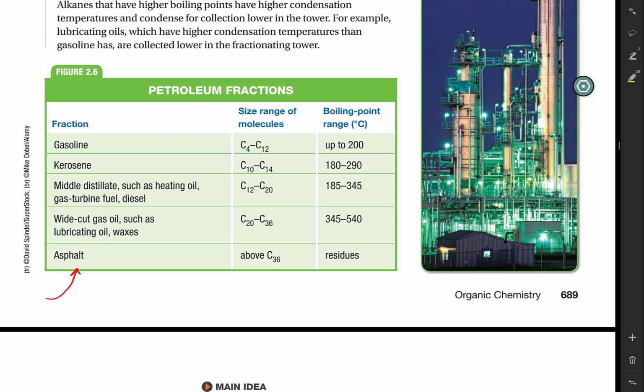For example, we have gasoline as an example, we have kerosene. So these are the examples of the alkane. For example, the alkane with 36 and above number of carbons, we use them as asphalt. The alkane with 20 to 36 carbons, we use them as lubricating oil, we use them as waxes, and so on.